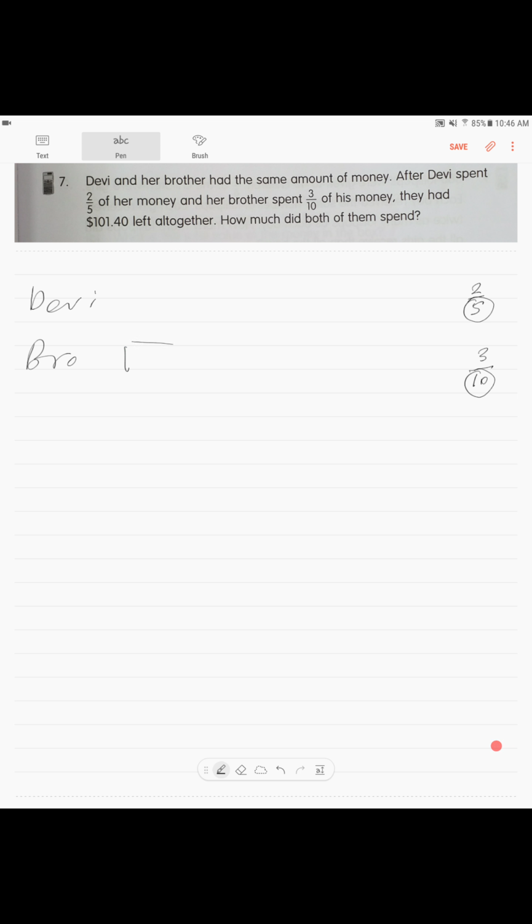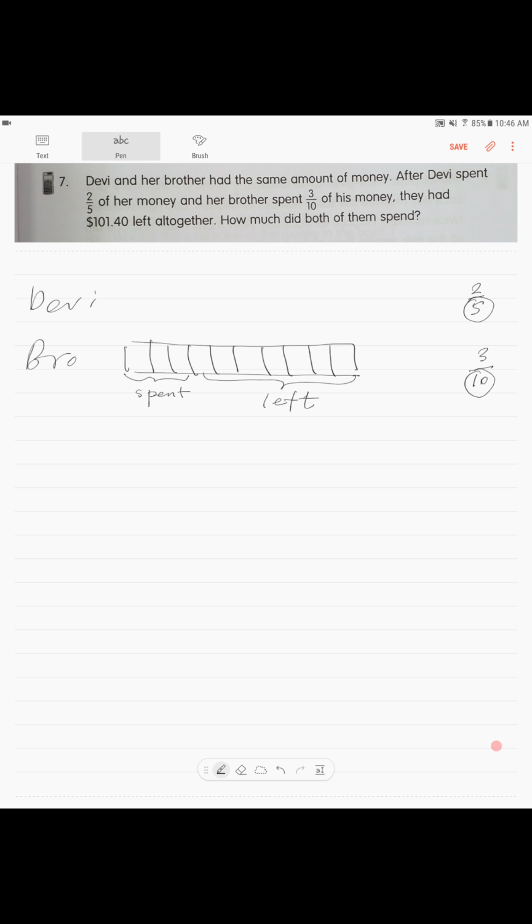For the brother, you're going to draw these 10 units, right? 1, 2, 3, 4, 5. 1, 2, 3, 4, 5. Okay, you have your 10 units, and these 3 units are spent, right? So this is left. 7 units, right?